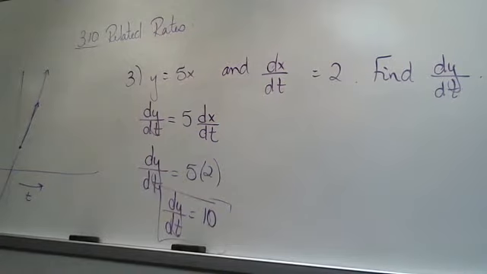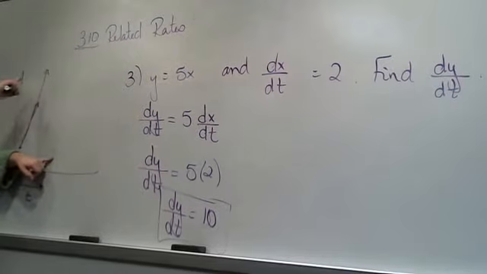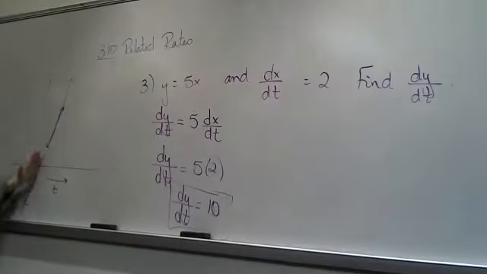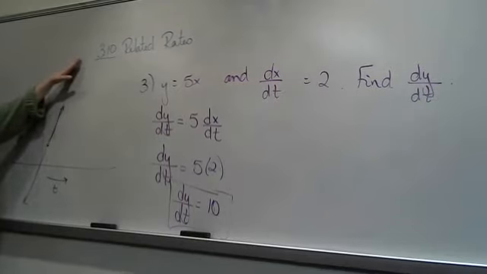This way it's only going 2, we could say 2 units per second. But how fast is the y moving? It's going 10 units per second as x goes this way. Why is it going that much faster? Because of the slope of that line.